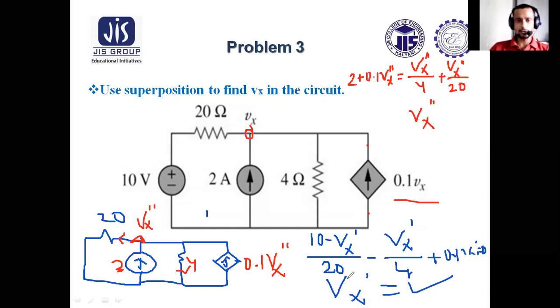While considering one source, replace all the other sources. Voltage sources should be replaced by their internal impedance or short circuit. Current sources should be replaced by an open circuit. Find the current through a particular branch considering each source separately, and then take the algebraic sum. This is how you can follow the superposition theorem steps to solve any electrical network.